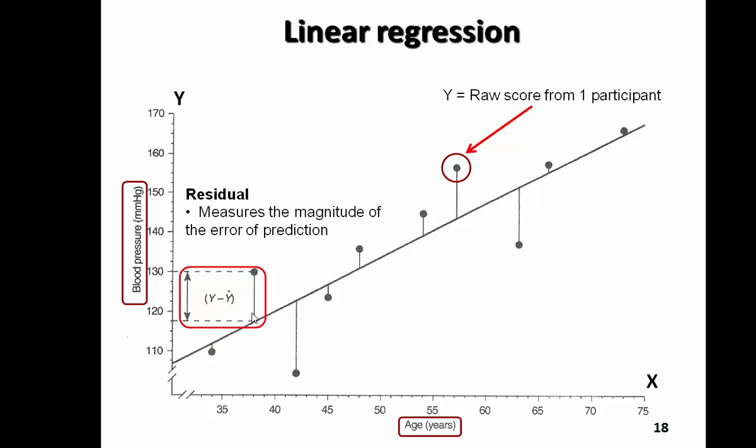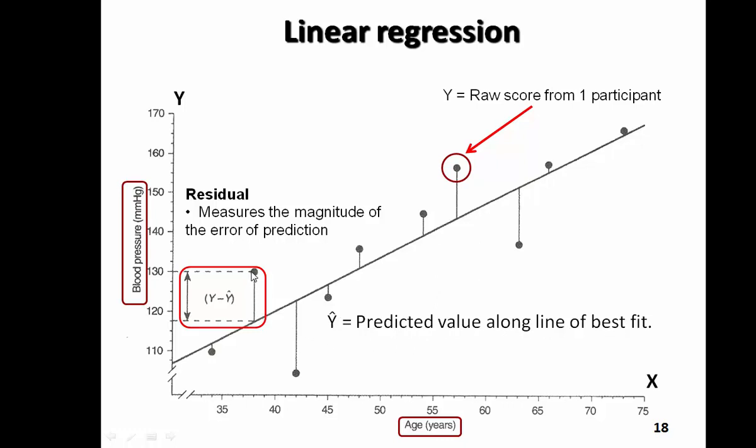And that is the residual. And the residual measures the magnitude of the error in the prediction. So the difference between the actual score and the score predicted by the line of best fit. And so once again, y hat is the predicted value along the line of best fit.